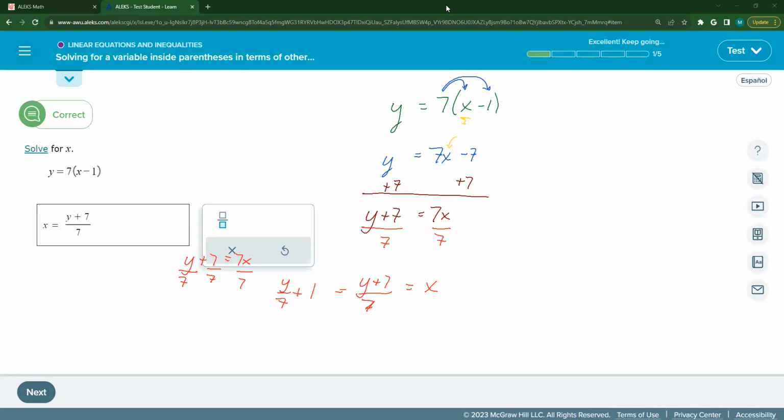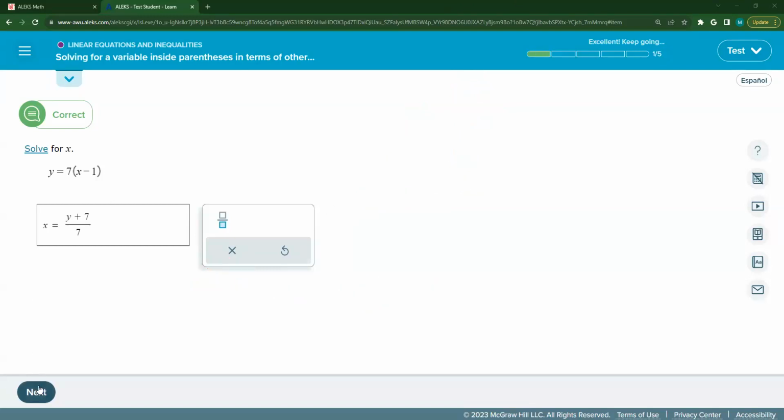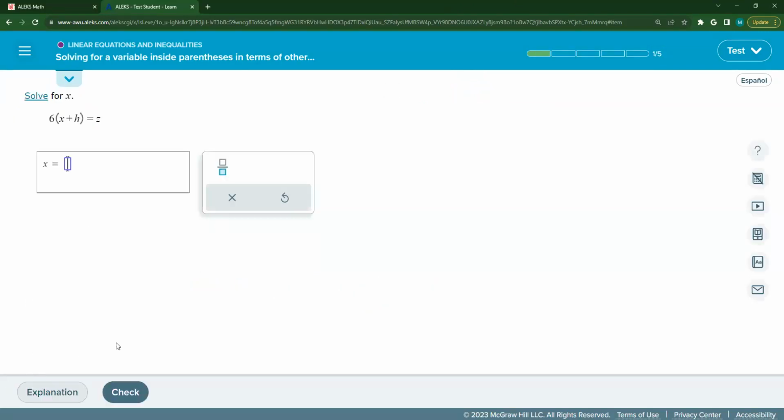All right, so that is one way we can do it. We're going to show you another way on this next one. So this is 6x plus h equals z. In this problem, they want me to solve for this x.